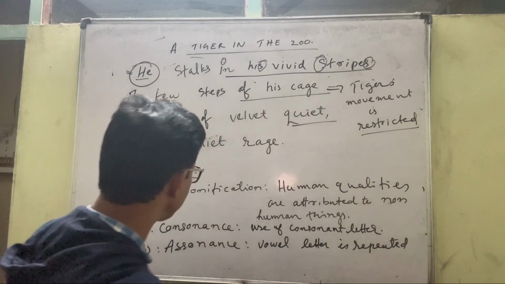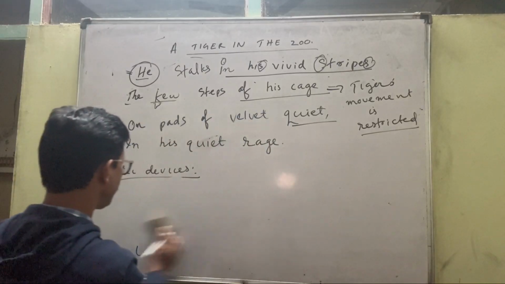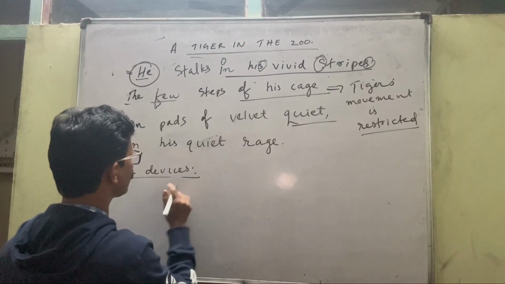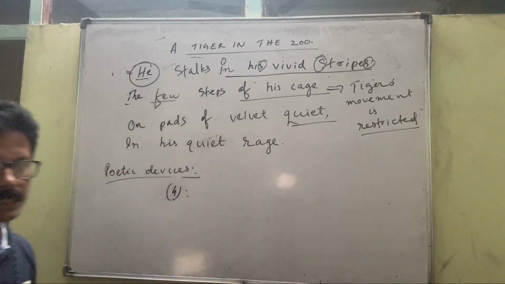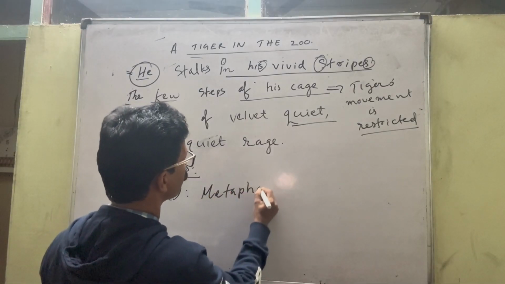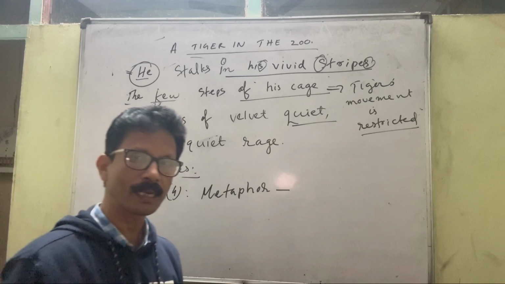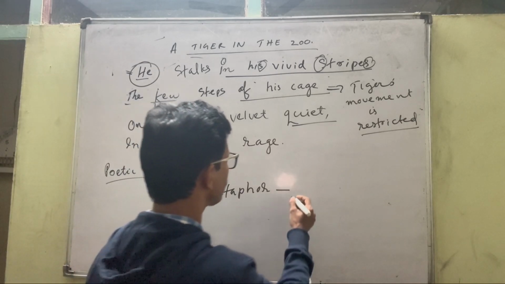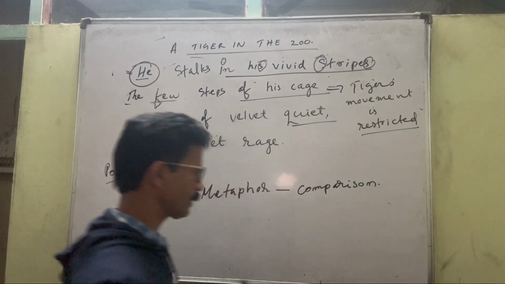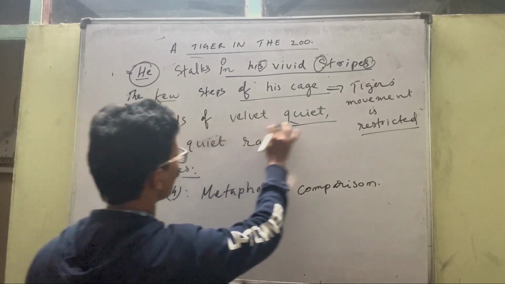Then the next one, the fourth, that is metaphor. What is metaphor? Metaphor means comparison. Here, what is the metaphor used? Paws of velvet quiet.